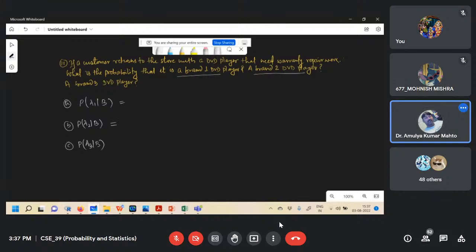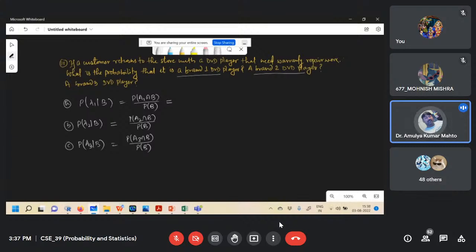What is the probability? You can rewrite, you can use that conditional probability. So this is probability of A1 intersection B by probability of B. This is probability of A2 intersection B by probability of B, and this is probability of A3 intersection B by probability of B. So you already know from the problem how much percent need repair.